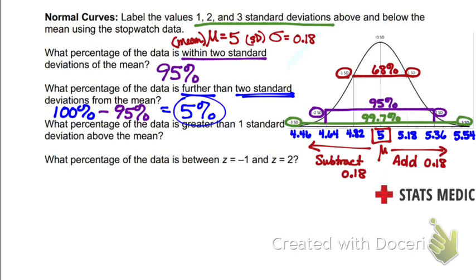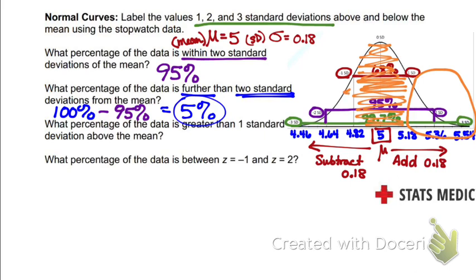How much of the data would be contained above 1 standard deviation? Close. 50% would be from here over. So this much right here is 68, right? Yeah. 68.